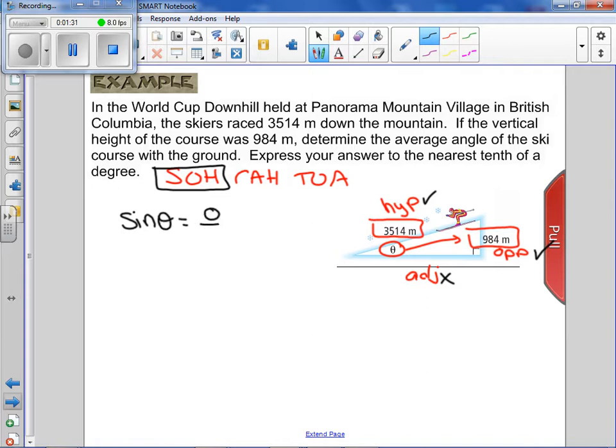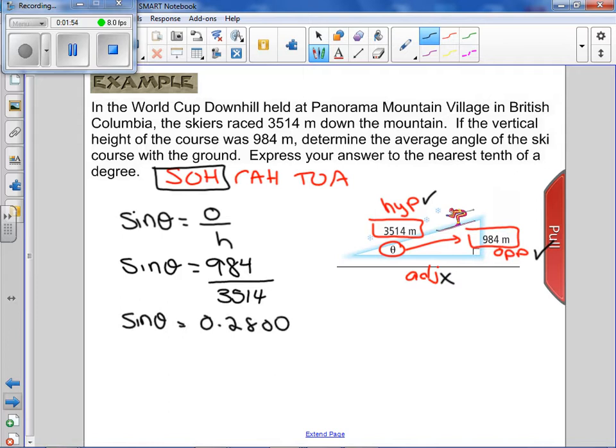Sine theta equals O over H. And just like the last lesson, I plug in what I know. I don't know the angle. I know the opposite is 984. I know the hypotenuse is 3,514. Step number 1, because I'm trying to find an angle, I divide. So sine theta equals 0.2800.